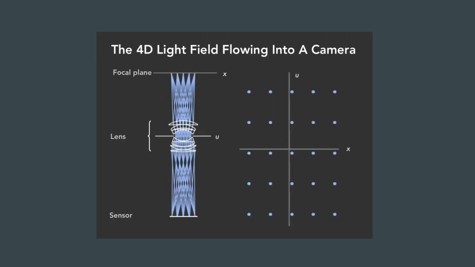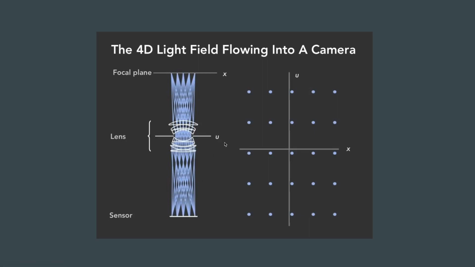Normally when we take a photo, we are receiving these rays from our environment. So let's say we have all of these rays coming from our focal plane. They bounce through our lens. They go through this plane here, we're just going to call our lens plane, and then they hit somewhere on the sensor.